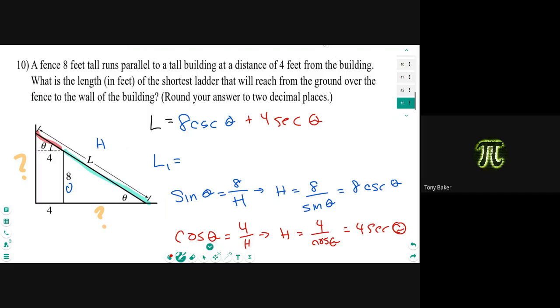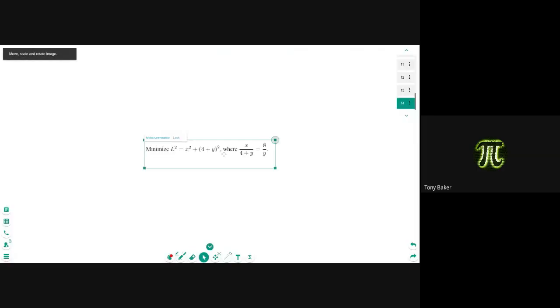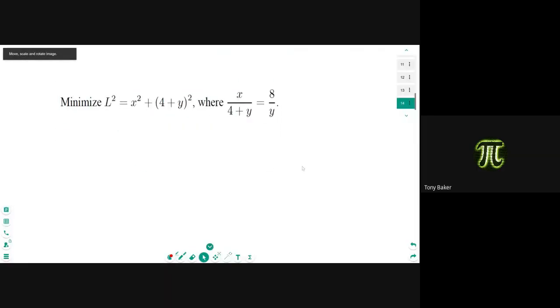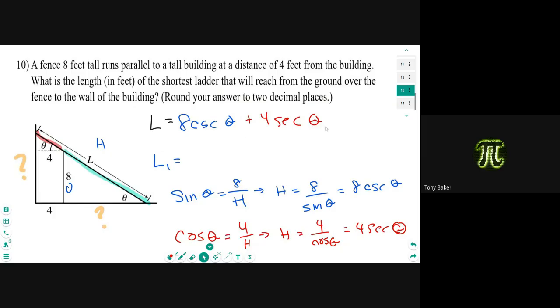The other way that it shows is to minimize using similar triangles. This one works, but you have to use implicit differentiation to solve it, so it's a little extra work. This one looks easier. The problem is we still need to find the derivative of this, so you kind of got to remember your derivatives for these, and that's where that comes into play.